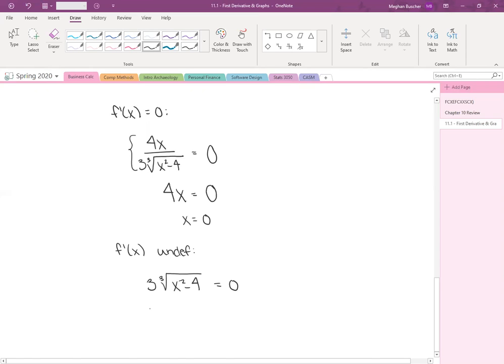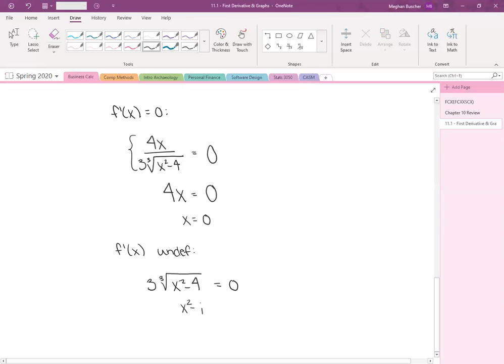Okay. How can I get rid of this 3? Divide each side by 3. Exactly. And then how would I get rid of the cube root? Cubing it. There we go. Exactly. But still, we'll have 0 over here.